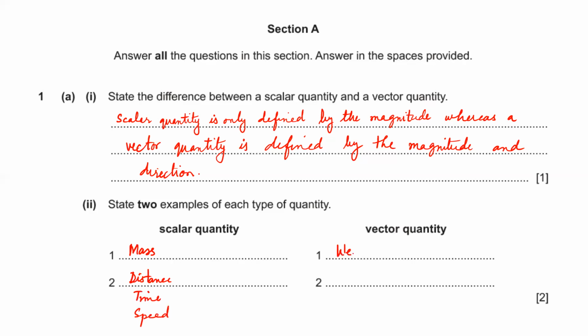Similarly, weight is a vector quantity, displacement is a vector quantity, force, for example, is a vector quantity, and then acceleration is a vector quantity. And again, you only have to mention two, so make sure that you mention two quantities, and those quantities must be correct ones.